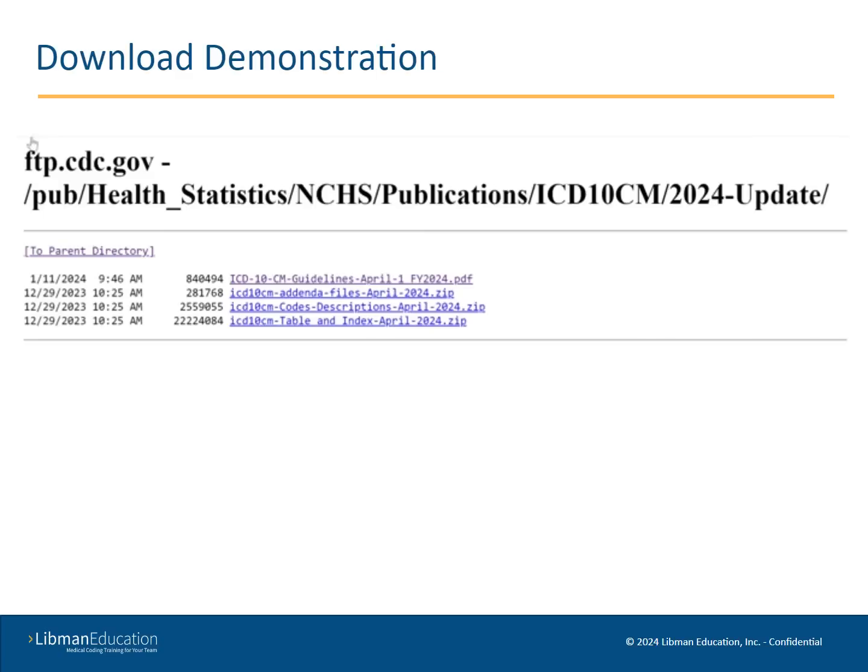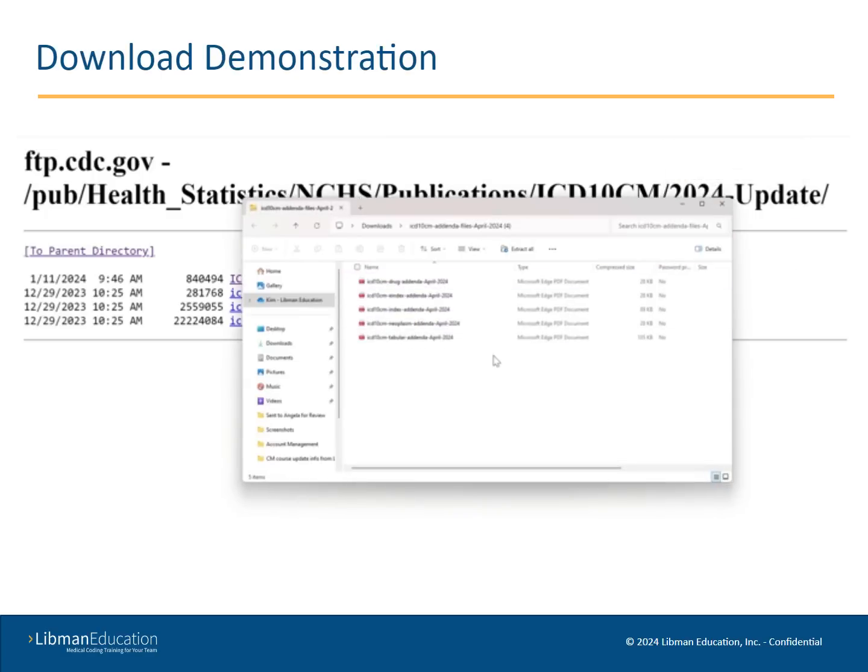If we arrow back, we can click on the addenda files, and that's going to download to a zip file, so we're going to want to open that up, and you can see there are 5 files in here. I've done the heavy lifting for you, and we only need to download 2 of these. So we're going to download the index and the tabular. There were no changes in the drug, the external cause index, or the neoplasms.